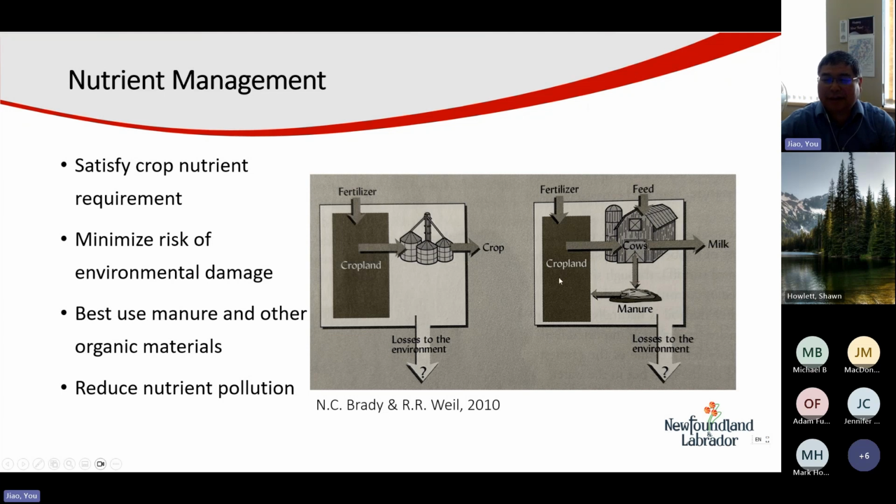On the right side, this picture shows the animal farm. On the animal farm, we still need a bit of fertilizer for the cropland.